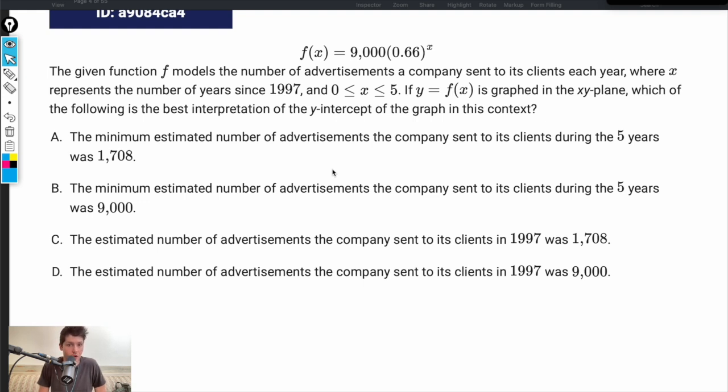The given function, f, models the number of advertisements a company sent to its clients each year, where x represents the number of years since 1997, and x is greater than or equal to 0 and less than or equal to 5. If y equals f of x is graphed on the xy plane, which of the following is the best interpretation of the y-intercept of the graph in this context? So what's the best interpretation of the y-intercept?